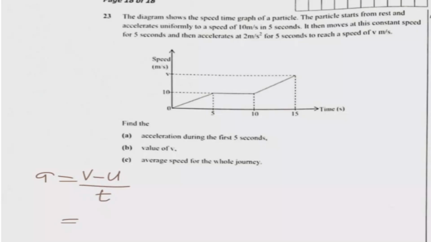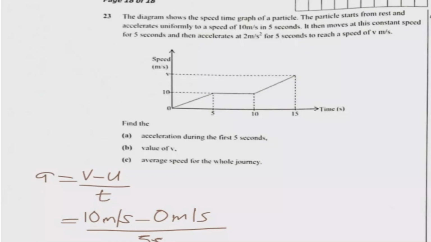When you go to the statement, we are told the particle starts from rest and accelerates uniformly to a speed of 10 meters per second. So the final speed is 10 meters per second, minus the initial velocity, which is 0 meters per second since it starts at rest, over time, which the question says is 5 seconds.